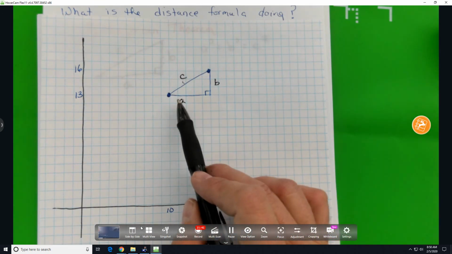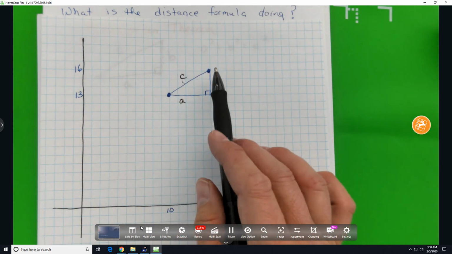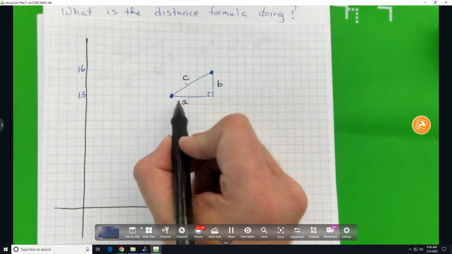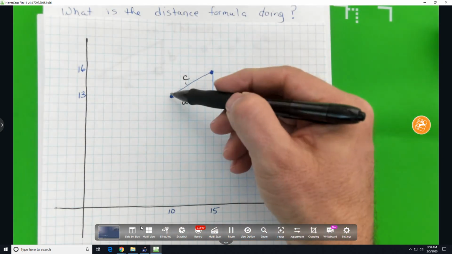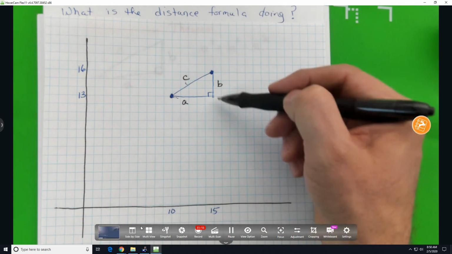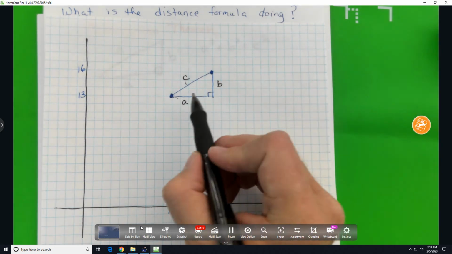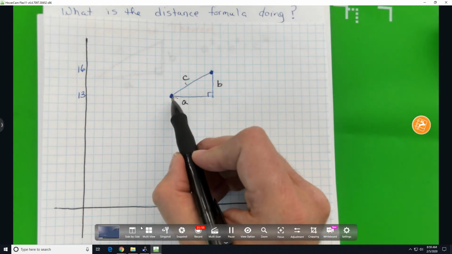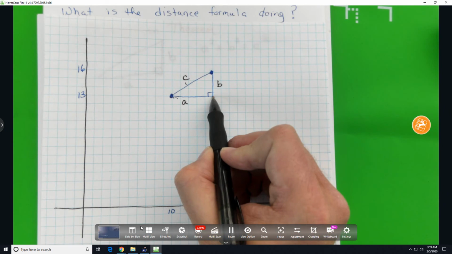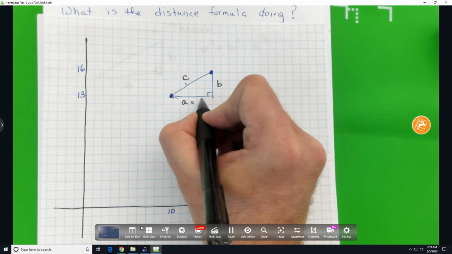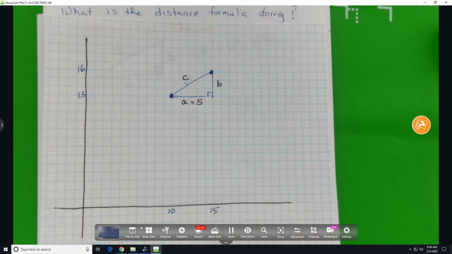Well, this is now a geometry problem. Let's calculate this horizontal leg right here. It's going from 10 to 15 on the x-axis, or if you have sharp enough eyes, you can count the little marks. 1, 2, 3, 4, 5. A is 5.